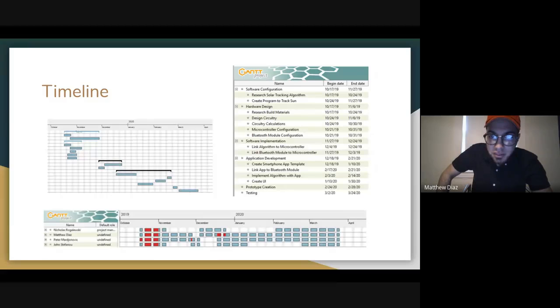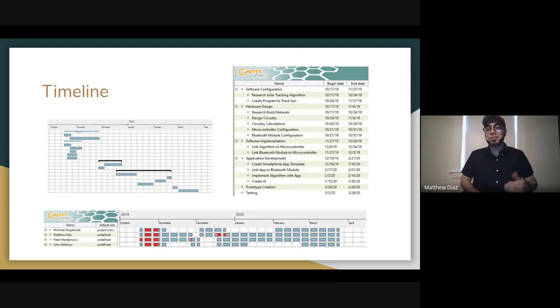One of the reasons that I forgot to mention before, the reason that the software configuration is not as hefty as a timeline that you would assume, is that a little bit of the theory that we obtained for our software algorithm was obtained from a previous group called Project Sunshine that also worked on a different style of dual axis solar panels, but they had a stepper algorithm instead of an actuator algorithm. And there's the timeline. Our workload by member is on the bottom, and the Gantt chart for the workload is on the left.